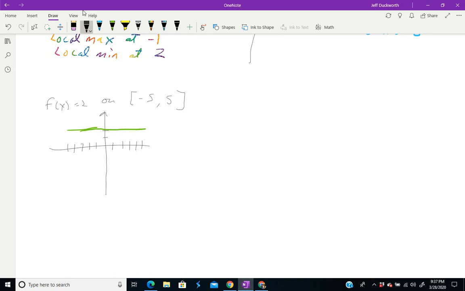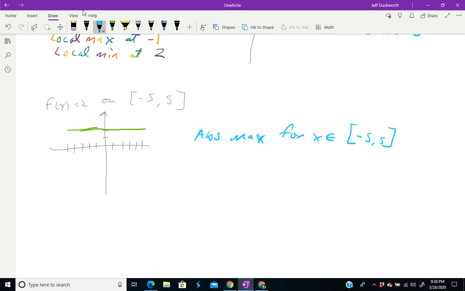So what do we do with this? Well, any point on this interval is going to be larger than all the other points on the interval. So essentially what we have is absolute max on every point in the interval, or we'll just say x within the interval.